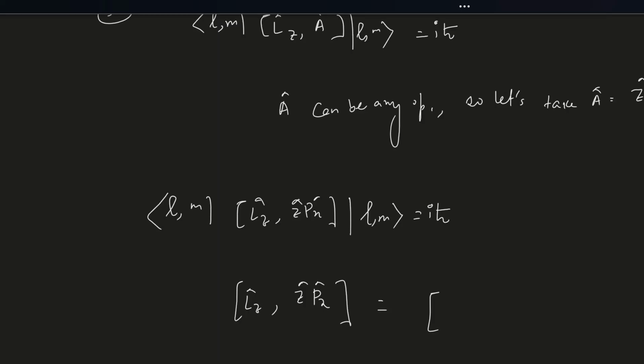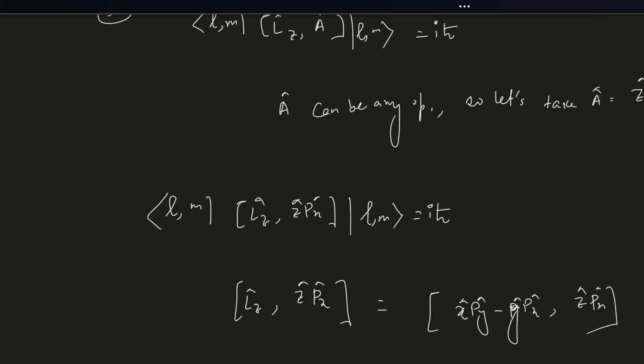If you follow this cross product, you know that Lz, the z component of L, will be simply x py minus y px. All are operators, right? Once you know this, you put the value of L here. So this is the commutator of x py minus y px with z px. This is the commutator bracket relation.